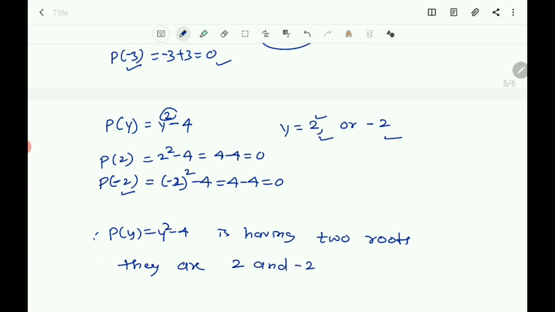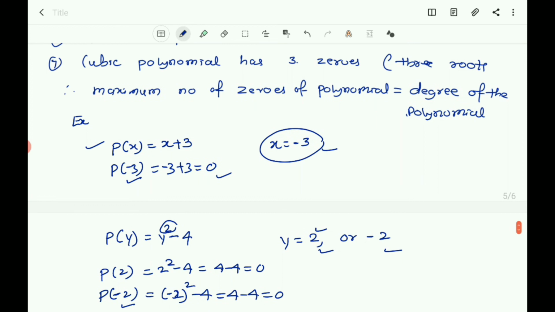In the first example, that is a linear polynomial, p of x equals x plus 3, it has only one root, that is minus 3, because p of minus 3 is 0. In this way, you can conclude that the number of zeros of a polynomial equals the degree of that polynomial.